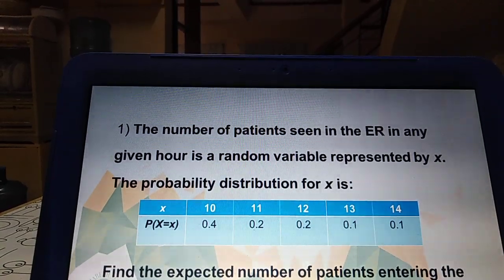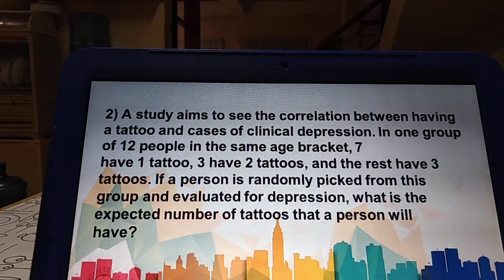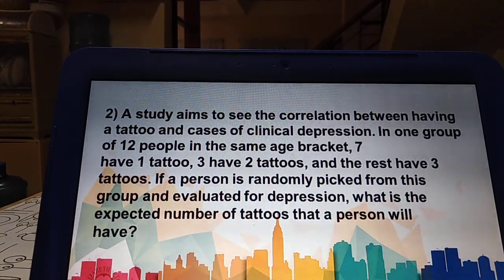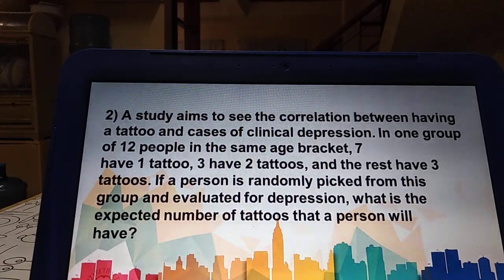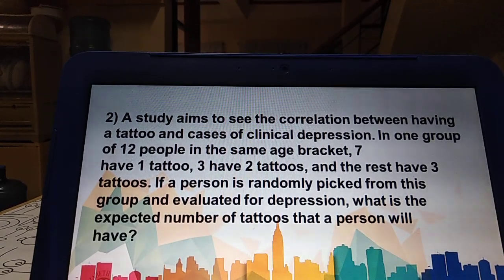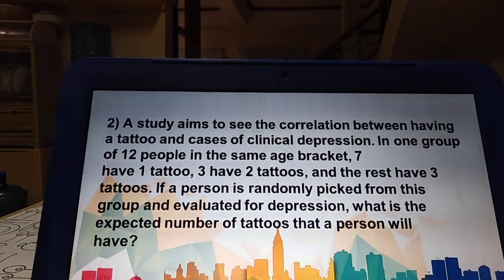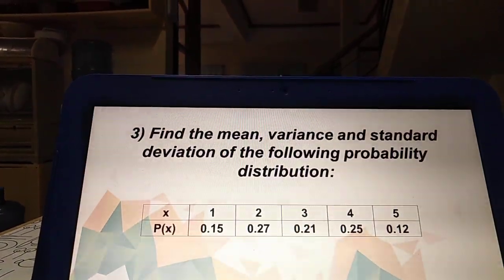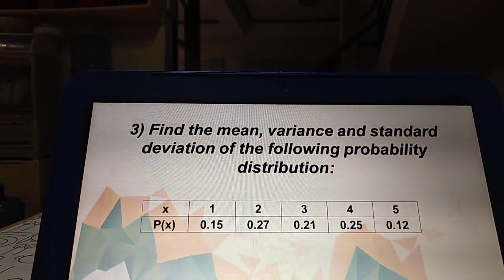Number 2, a study aims to study the correlation between having a tattoo and cases of clinical depression. In one group of 12 people in the same age bracket, 7 have 1 tattoo, 3 have 2 tattoos, and the rest have 3 tattoos. If a person is randomly picked from this group and evaluated for depression, what is the expected number of tattoos that the person will have? And last, you are to find the mean, the variance, and the standard deviation of the following probability distribution.